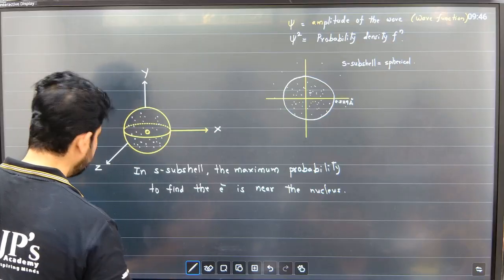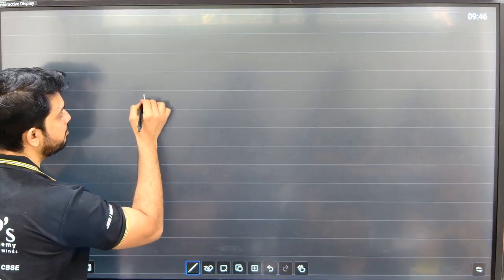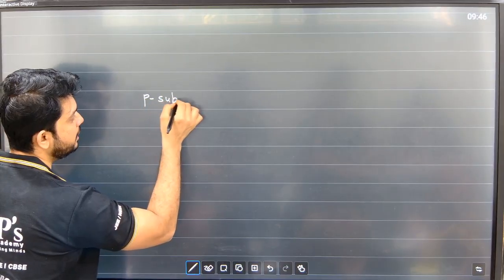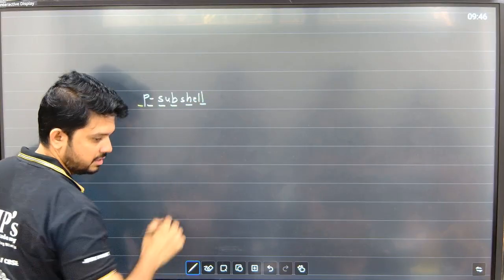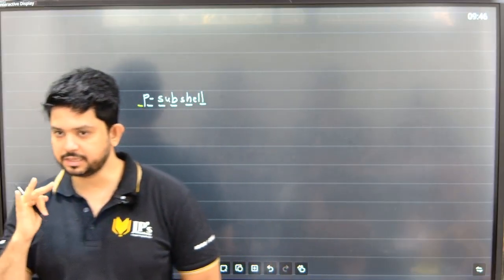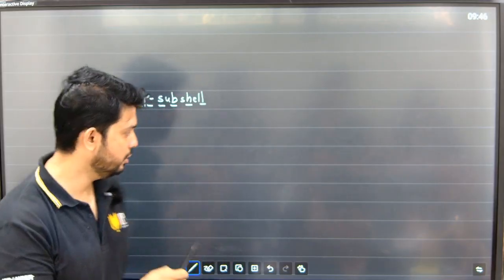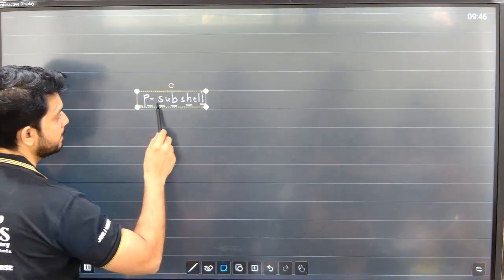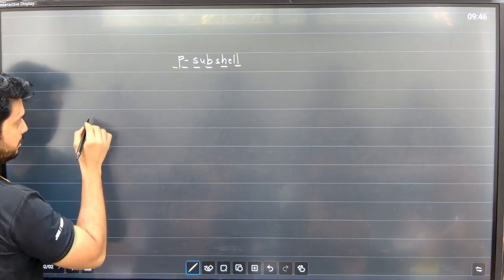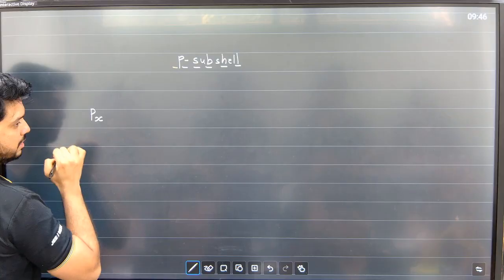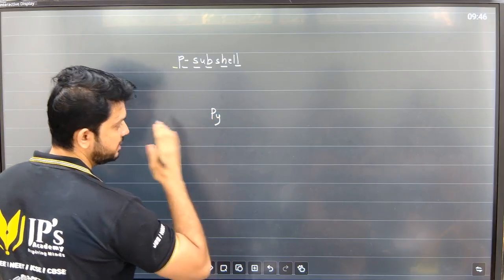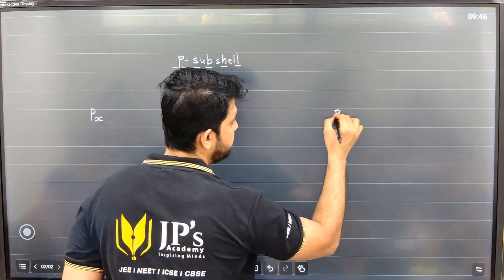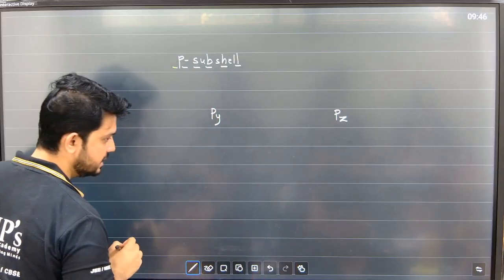S के बाद कौन आता है people? P subshell. How many orientations are there in the P subshell? There are 3 orientations: -1, 0, +1. Since there are 3 orientations, the 3 orientations are Px, which means it's along the x-axis, Py, मतलब it is along the y-axis, and Pz, मतलब which is along the z-axis.